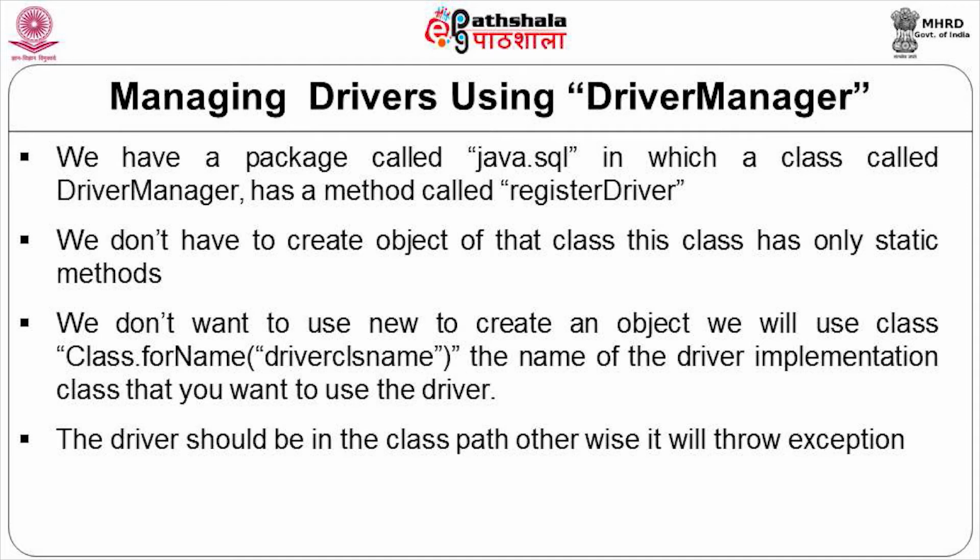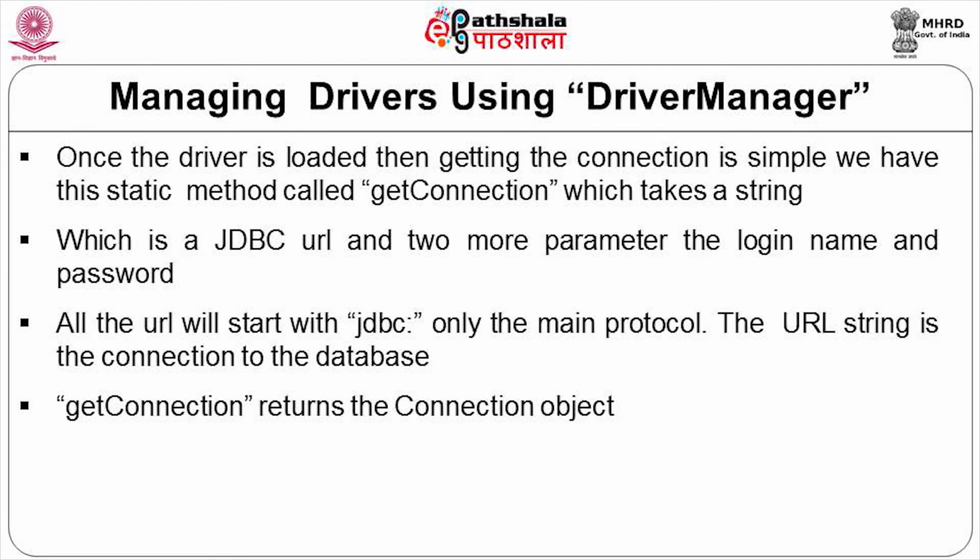Just remember to take care of that. ClassNotFoundException is what is thrown from the forName method, the static method of the class. So Class.forName and the name of the driver class should be step one. Once the driver is registered with the driver manager, then getting a connection object is simple.